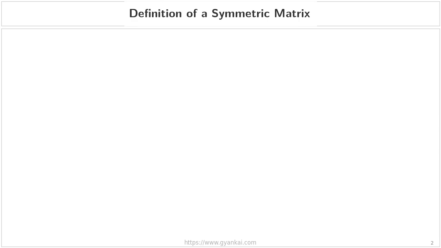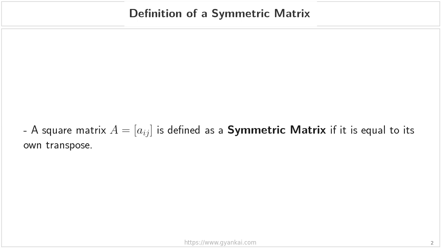Definition of a symmetric matrix. Now that we have established that this property applies exclusively to square matrices, let us move on to the formal definition. A square matrix, which we will call matrix A, consisting of elements a sub ij, is defined as a symmetric matrix if it is exactly equal to its own transpose.